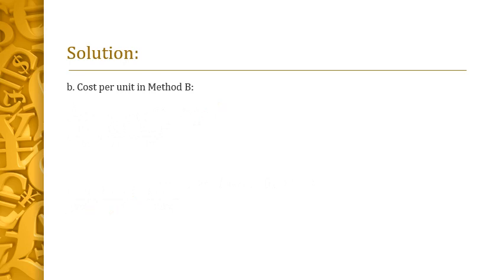Let's compute the cost per unit in method B. Again, first we compute the cost per hour, which is equal to the cost of crew per hour plus the cost of rejects per hour. For the cost of crew per hour, we have 35 pesos per hour per man times 2 men.